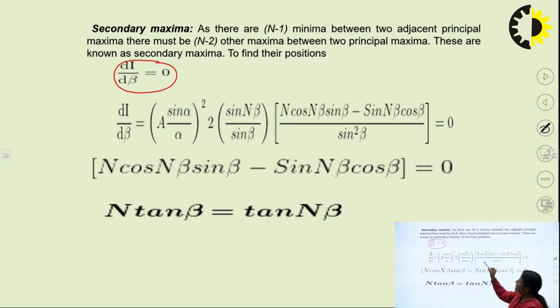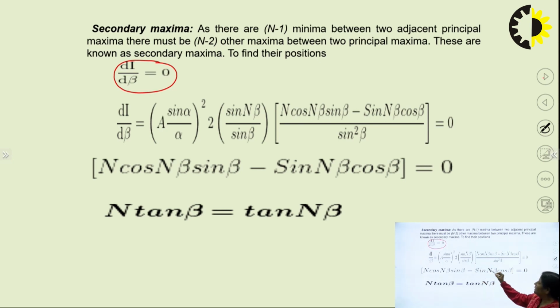But what happens? This part cannot be 0, this is alpha. It is useless saying that it can be 0 because it has nothing to do with that differentiation. And this part even cannot be 0 because we looked at the previous situation where it becomes indeterminate, and so those problems.